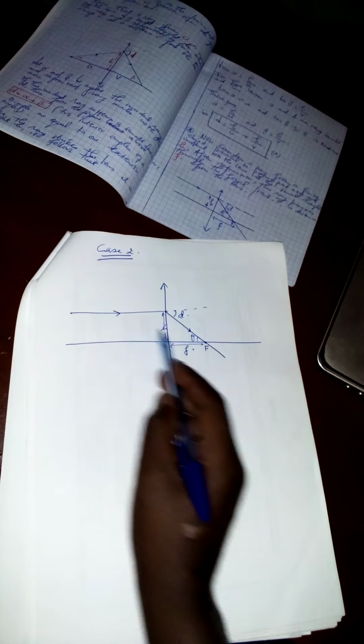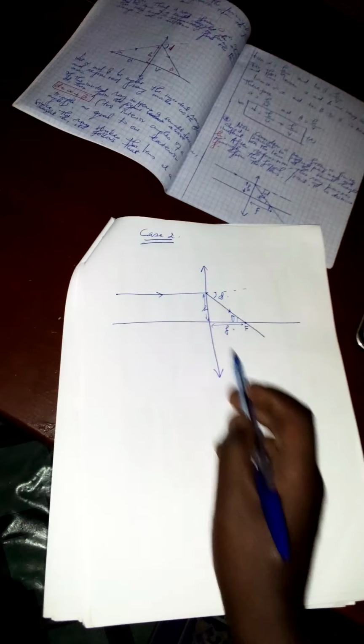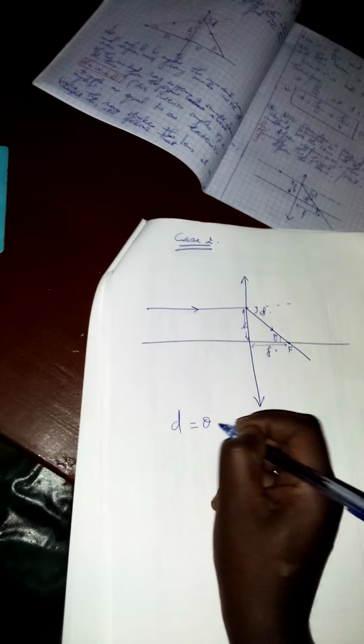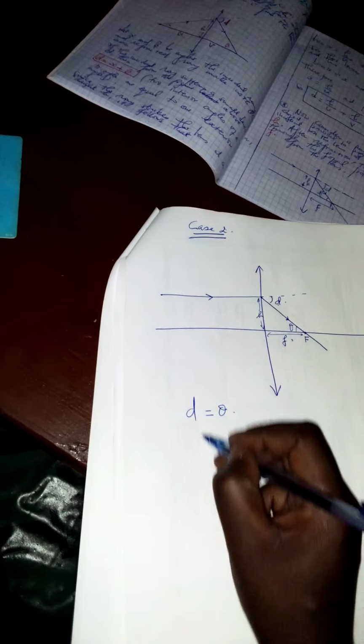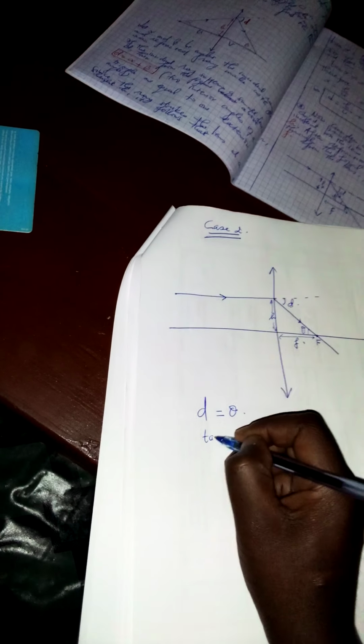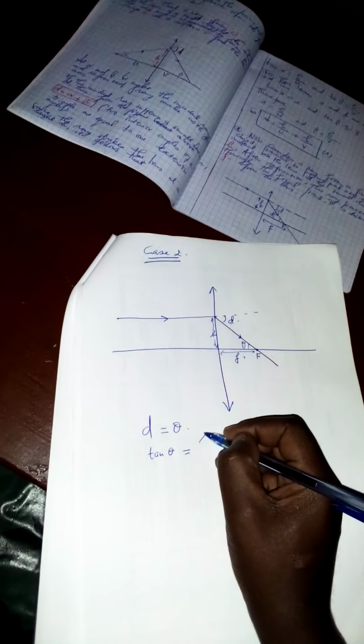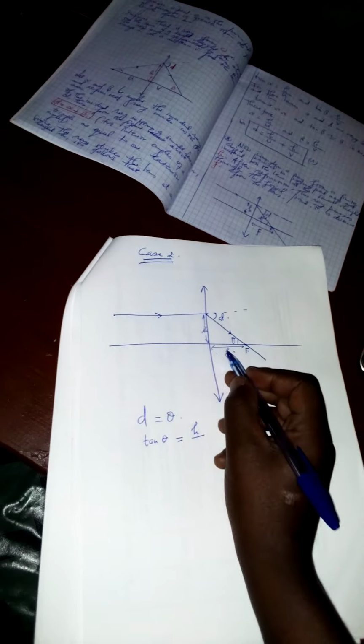By the way, this D and this phi are alternate angles. Since they are alternate angles, D is the same as phi. They are equal. And how do we find phi? We use tan phi, which is equal to the opposite side, which is height, over the adjacent side, which is focal length.